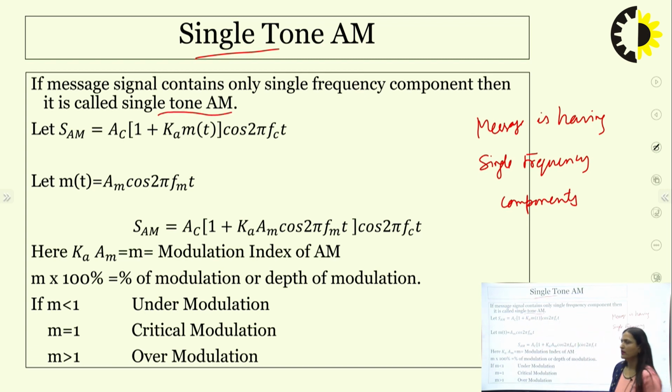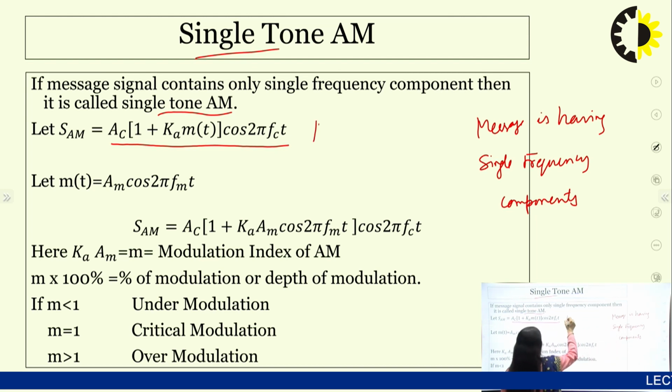This is your expression for amplitude modulation: AC times 1 plus KA m(t), times cos 2 pi FC t, right? Here Ka is the sensitivity of the modulator.